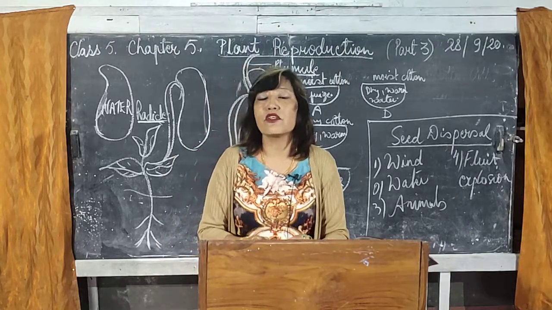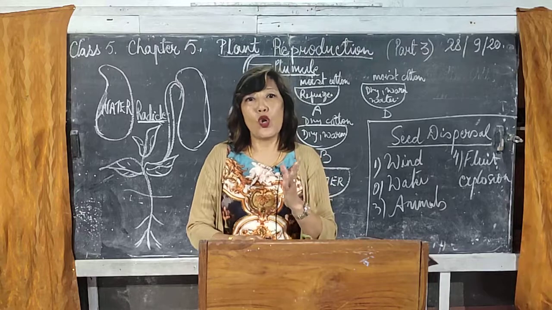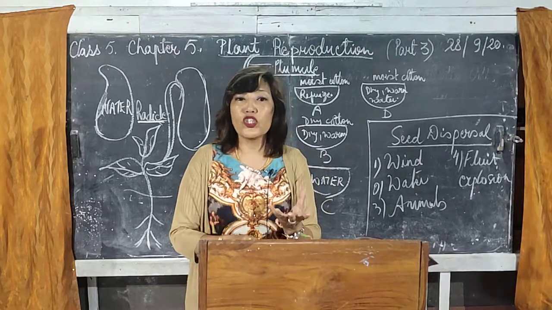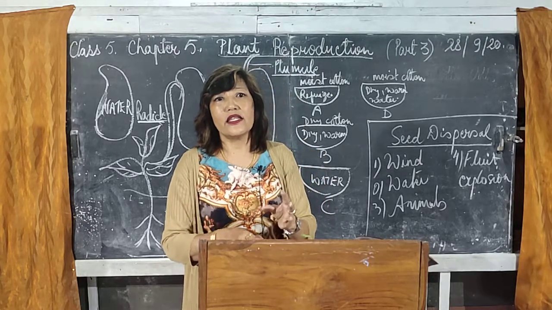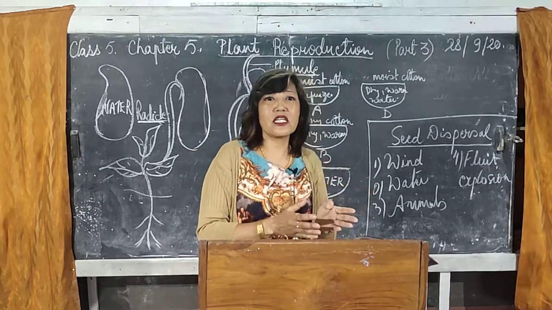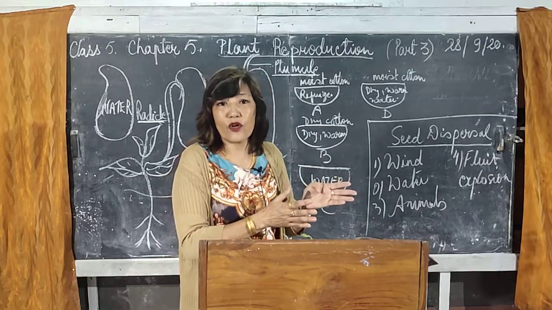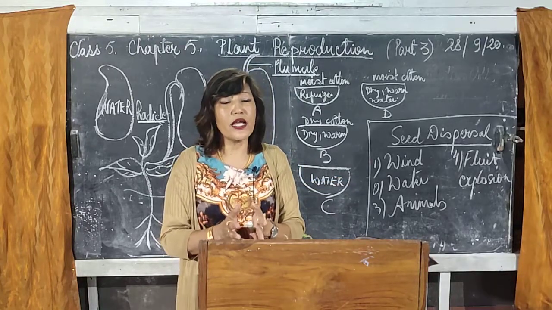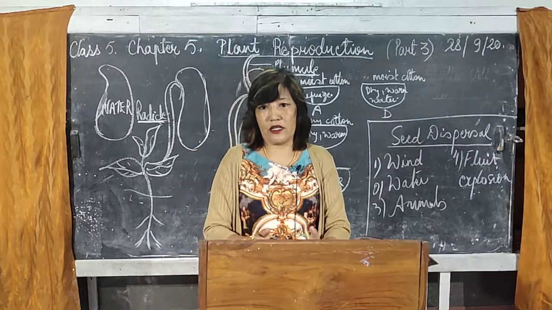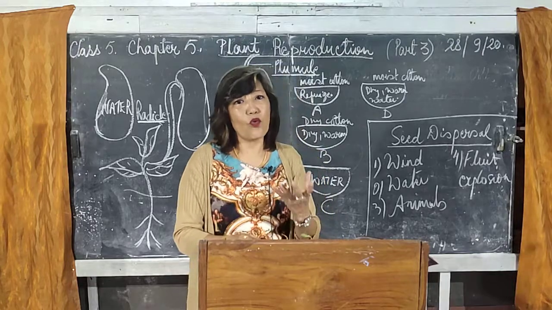The examples of such seeds are coconut and lotus. The spongy fruits of lotus and the outermost covering of the coconut help the seed to easily float in water. In that way they will be carried far away from the parent plant, and they will germinate by getting enough space, air, warmth, isn't it, and water.